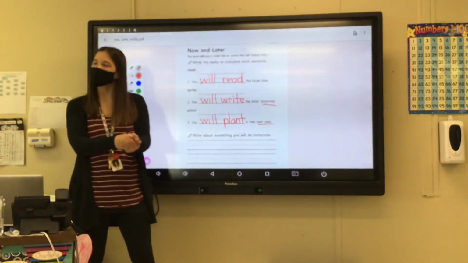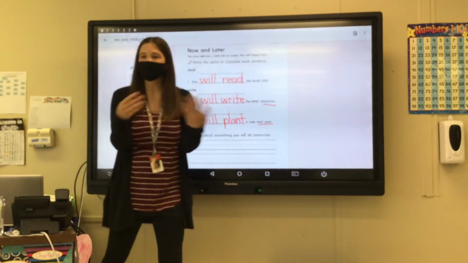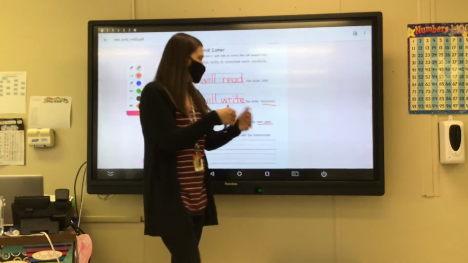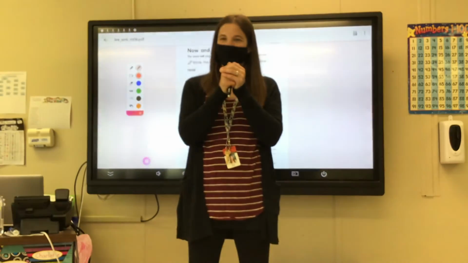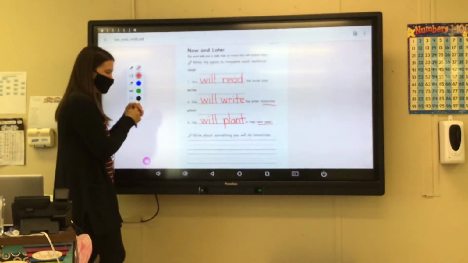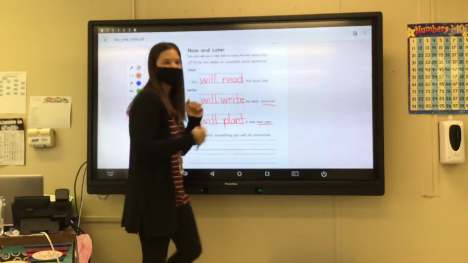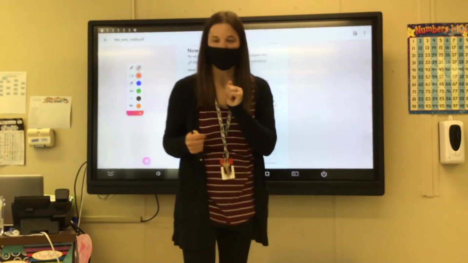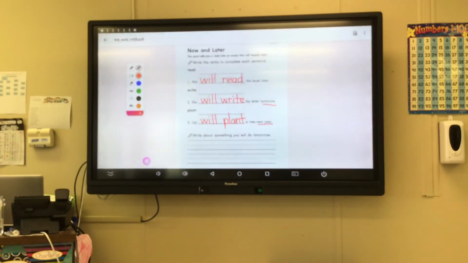I will read a book tomorrow. I will write a story tomorrow. I will plant a tree tomorrow. After school though. Yeah, well, after school. So you're going to write I will, and then write an action word, a verb. And I'll come around to help those if you need a little extra help. Start with I. Start with your uppercase I. I will.